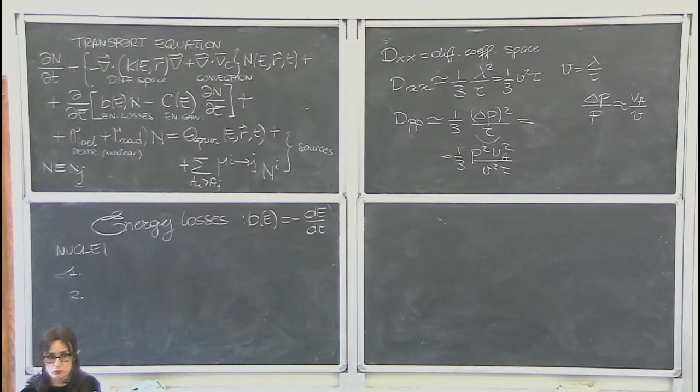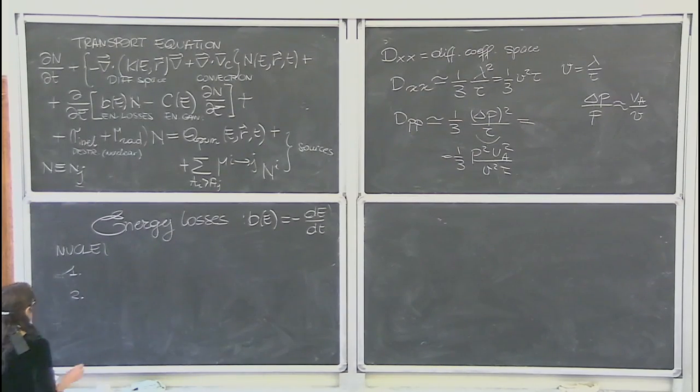So which are the two types of energy losses that they can encounter? One is ionization, if the medium is neutral, and the other one is Coulomb energy losses.